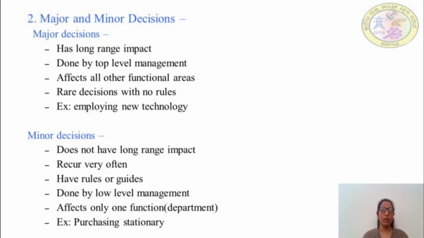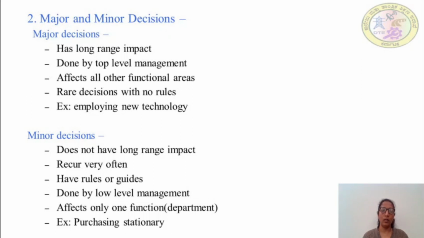The decisions which have their impact for a long period or which have impact on other departments are known as major decisions. On the other hand, decisions which do not have long-term impact, or decisions which affect only one department are known as minor decisions.